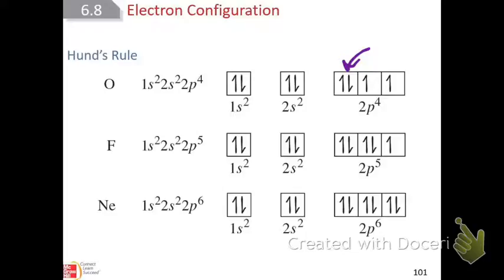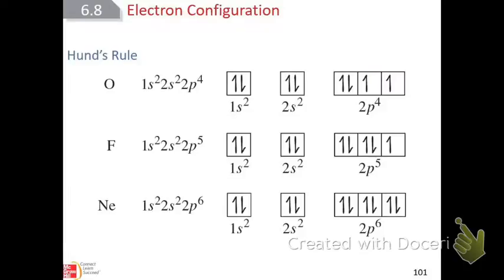And you continue on and continue on, filling each, adding a proton, adding an electron, adding a proton, adding an electron. And the periodic table is designed in such a way to help out with electron configurations. But let's talk about these general rules.